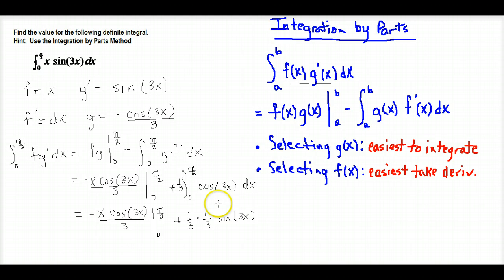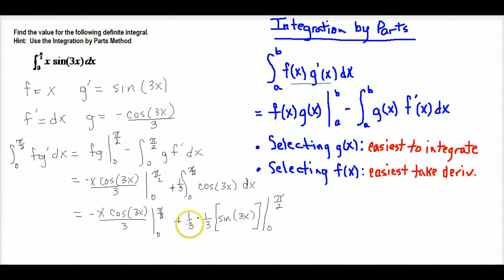And since these two are constants, we'll leave those out and just evaluate the sine 3x part from 0 to pi over 2. And so from here, we just need to evaluate each particular term from pi over 2 to 0, and then get our answer.